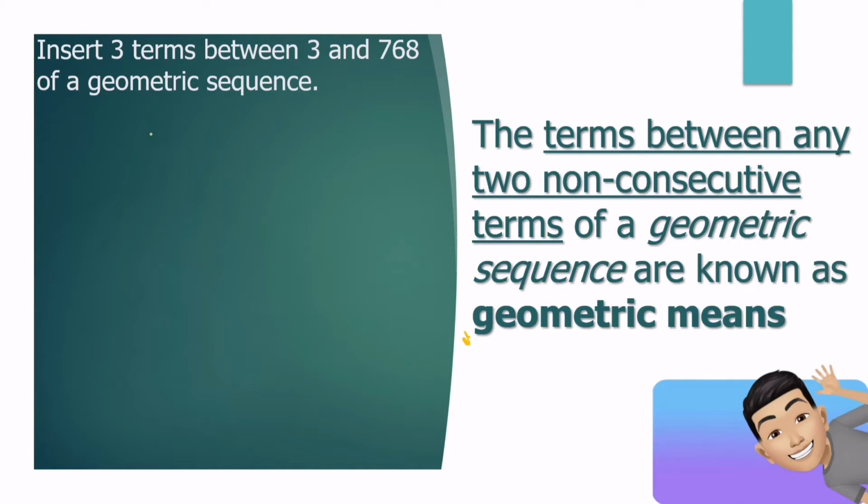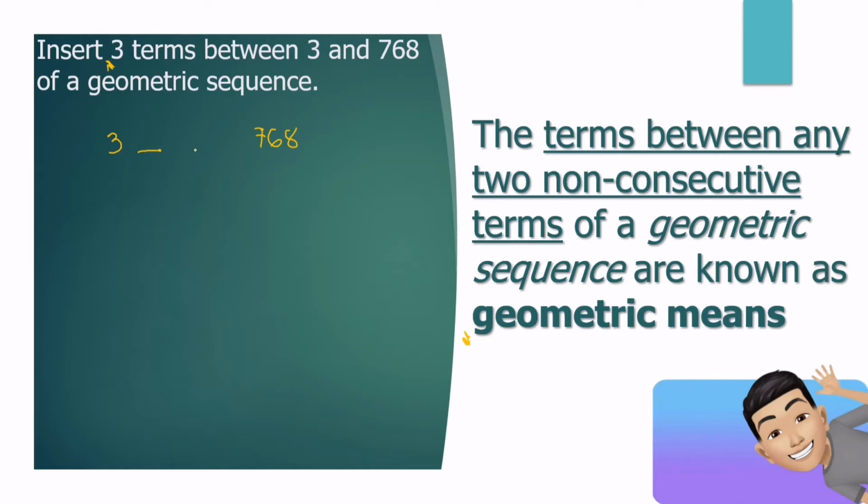So, paano natin gagawin yon? Kagaya ng naging approach natin sa arithmetic sequence, sulat natin yung given. 3 and 768. In this case, nagpapalagay ng tatlong terms sa pagitan ng dalawang yon.